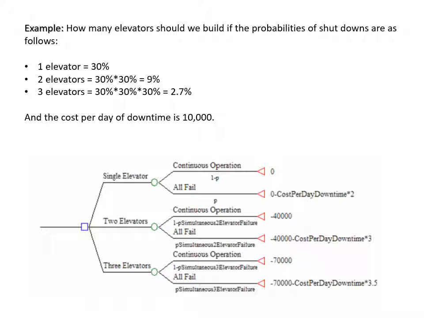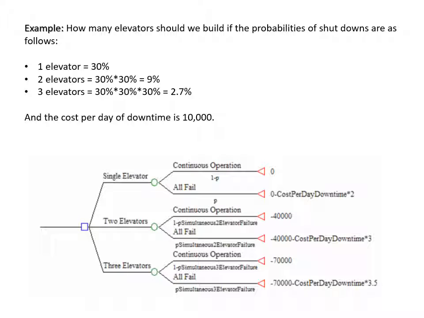And then we also have the metrics, right? So the criteria on which we're evaluating this process, represented by the red triangles, the consequences of our decisions combined with the chance nodes. So in the case of a single elevator, continuous operation leads to a cost of 0, right?